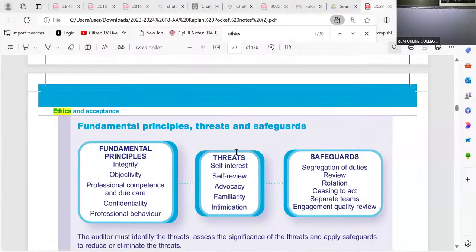So the threats to independence, I know you guys know these threats by the acronym SAFIS: self-interest, self-review, advocacy, familiarity. Then we have what we call intimidation. Some of the safeguards I would expect you guys to be talking about. Number one is segregation of duties. You see, segregation is the opposite of aggregation.